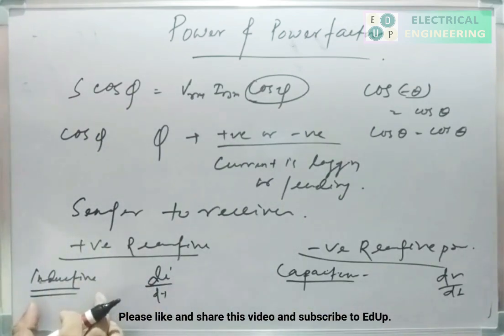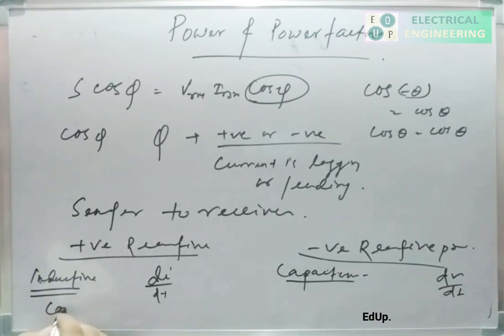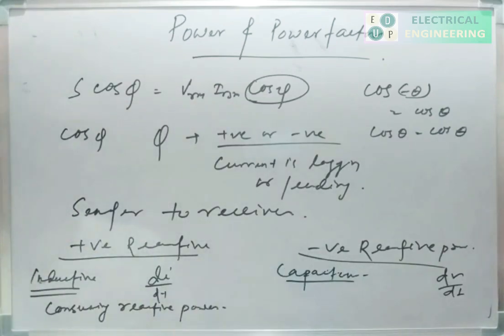So here current is lagging, that means it is consuming reactive power. But in this case, current is leading. How can current be leading? By supplying reactive power.